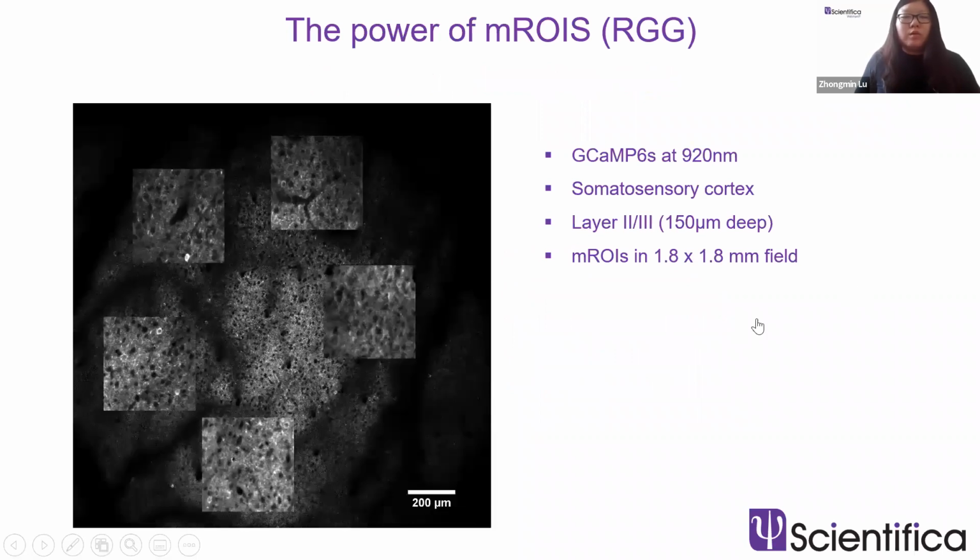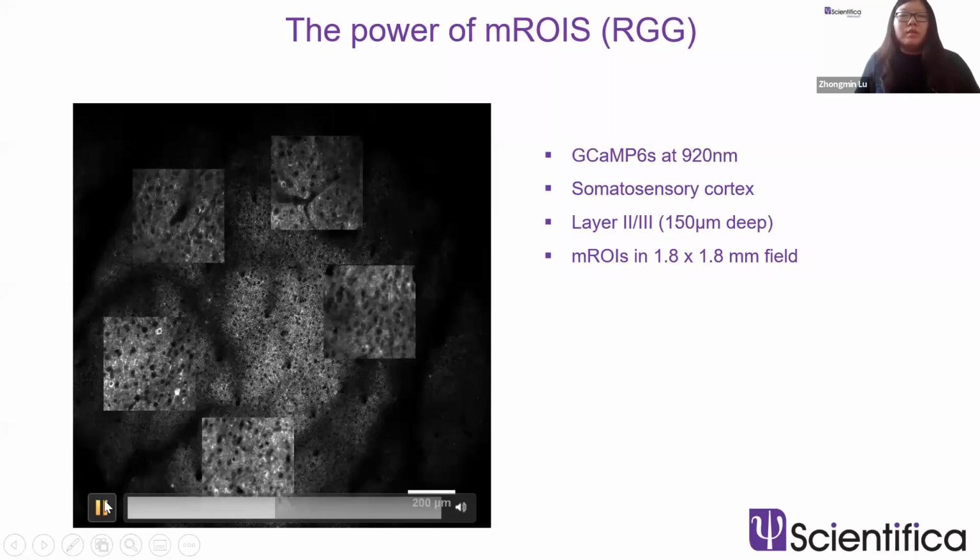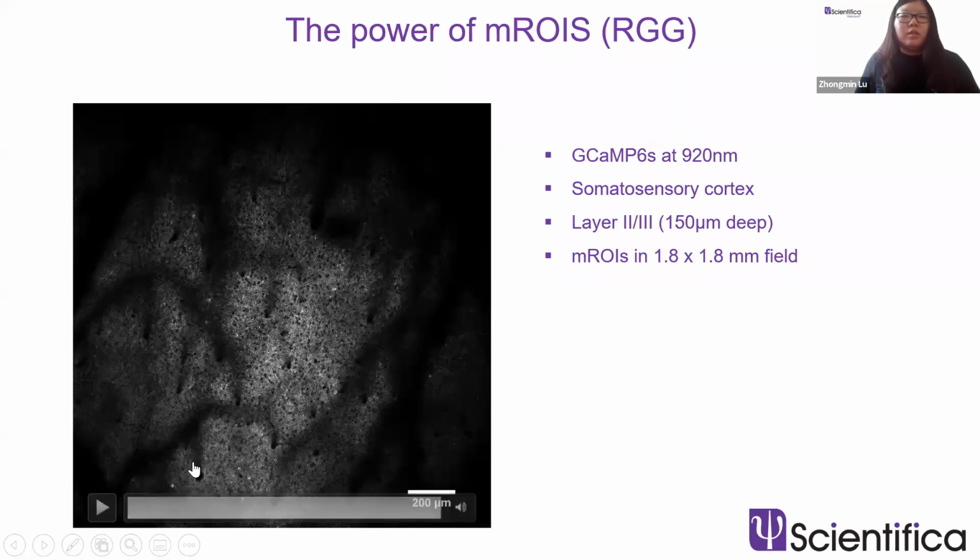And I just want to show you how powerful the multi-ROI scanning is, using the RGG resonant Galvo scanning mode. So basically you're doing a screening, and you first image all over this 1.8 by 1.8 millimeter field.